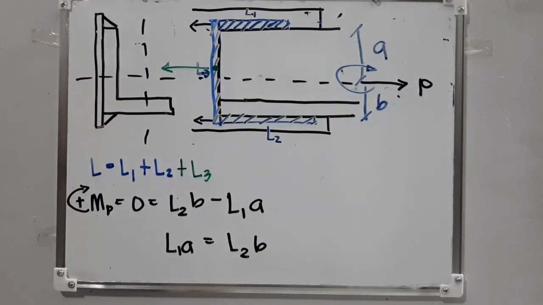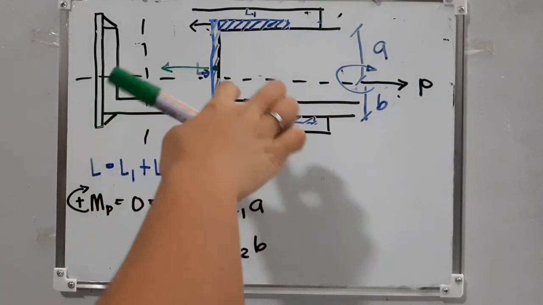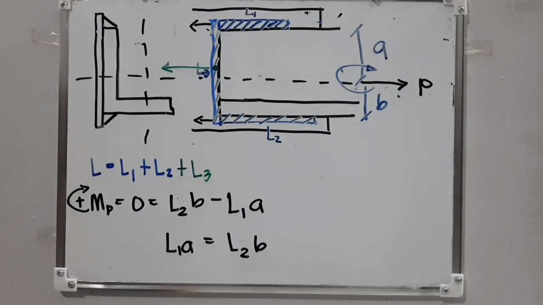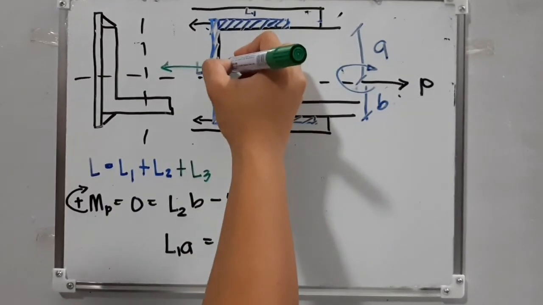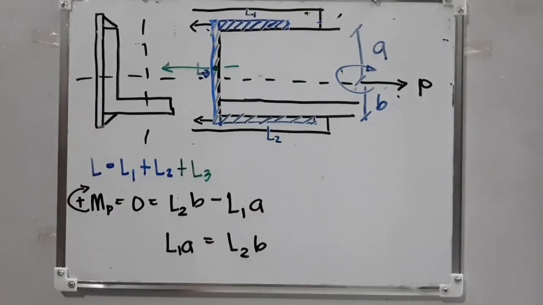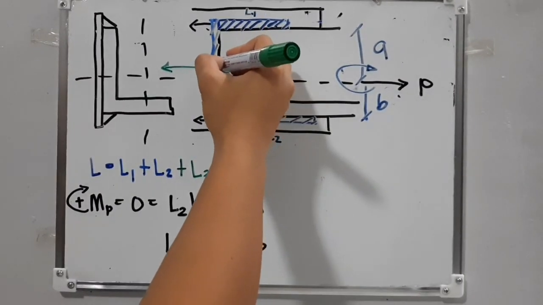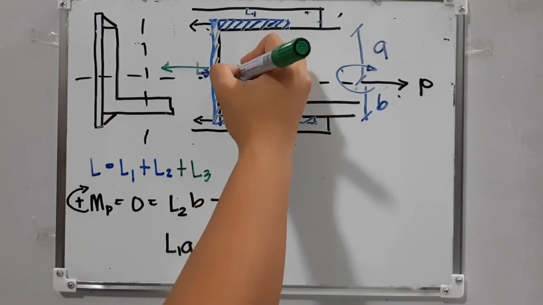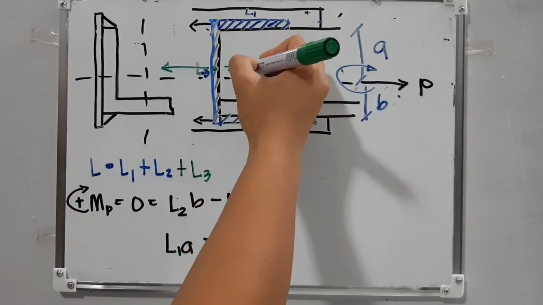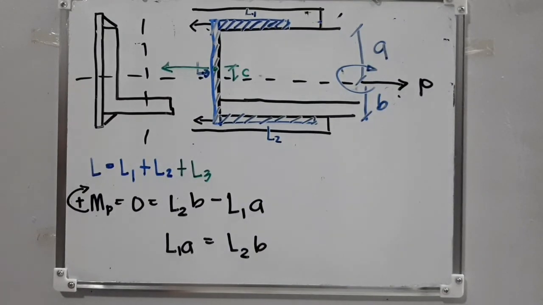So if we are going to use this, we'll have a distance C. The distance C is the distance of the centroid of your L3 from your neutral axis. That is your distance C. So, having the moment, that is also minus, tama ba?